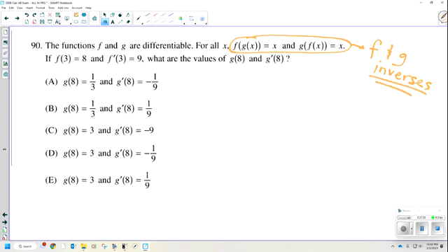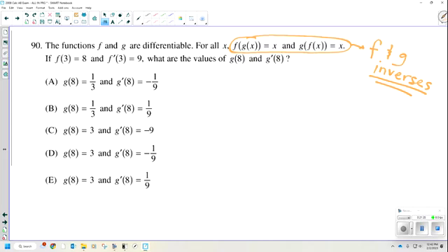Don't like it, but hey, it is what it is. If f of 3 is 8 and f prime of 3 is 9, what are the values of g of 8 and g prime of 8?